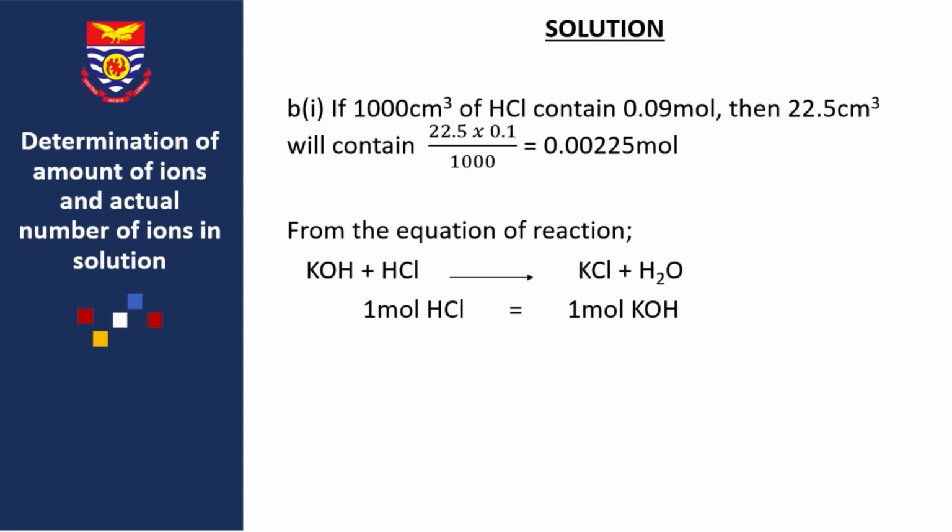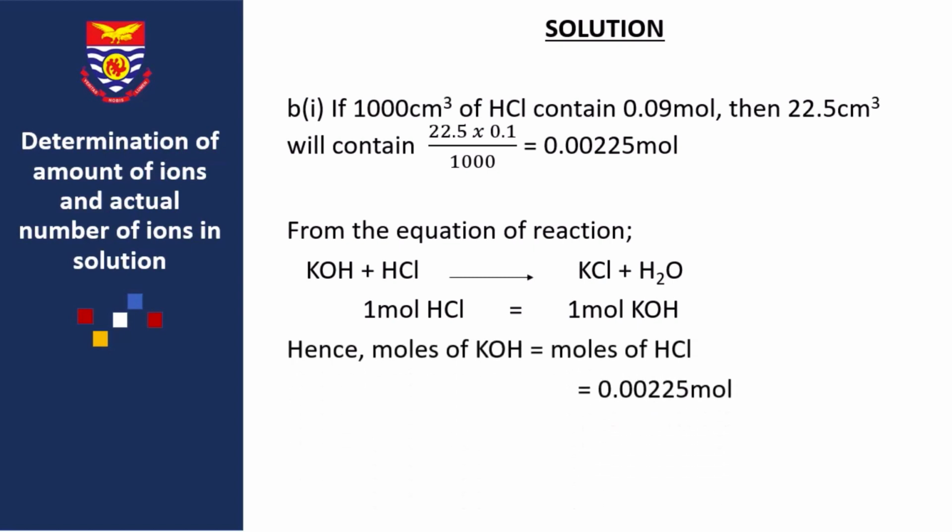So the mole ratio is 1:1. What that means is that whatever moles of HCl is the same as the moles of potassium hydroxide. So from that, we can say that the moles of potassium hydroxide is the same as 0.00225 moles. Remember, that is the moles in the pipette volume.